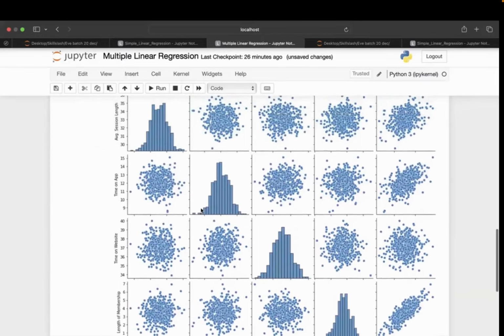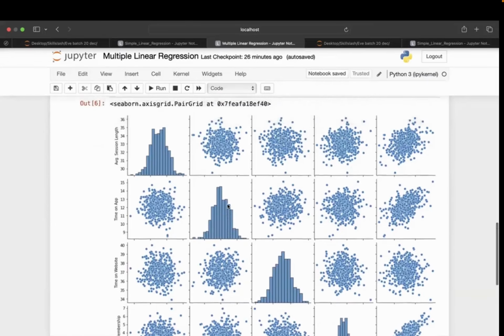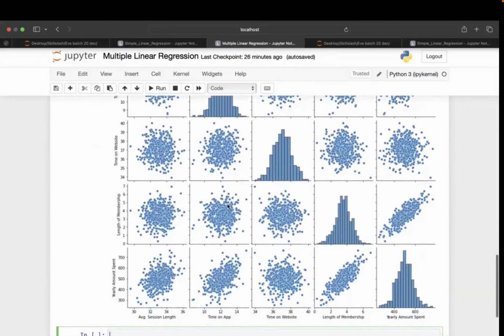You can ignore 1 or 2 points, but if you see that it is creating a perfect bell-shaped curve, right? Major observation, guys. Focus very precisely. It is creating a bell-shaped curve, which means it is a good thing. Which means my bell-shaped line is going to cover major data points.